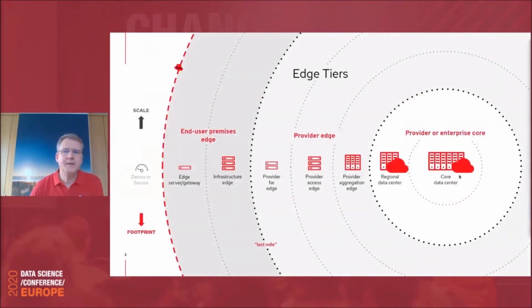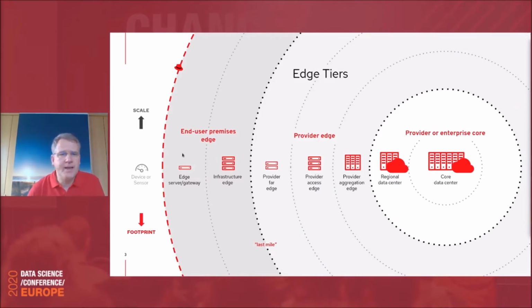What we see here is an illustration of various edge tiers. On one hand, in the middle here, the enterprise core or the provider tier, then the provider edge in the middle, and on the far left, the end user premises edge. The data center core, that's what we all know, what companies have in their data centers where their applications are running, either modern applications, web applications, or traditional applications.